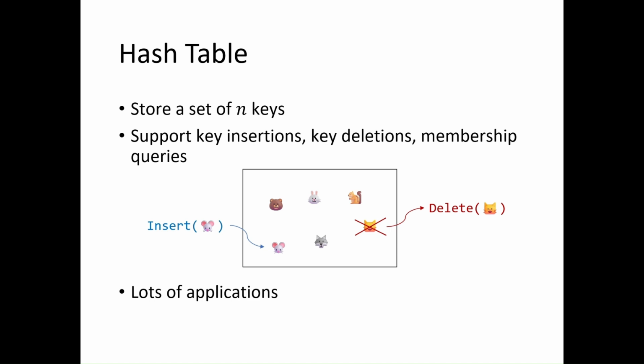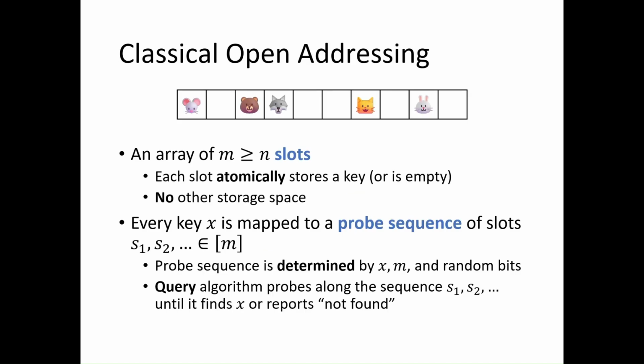And in the long history of hash tables, there have been hundreds of algorithms that can complete this simple task. Among them, there's one category of algorithms that is especially important, which we call classical open addressing.